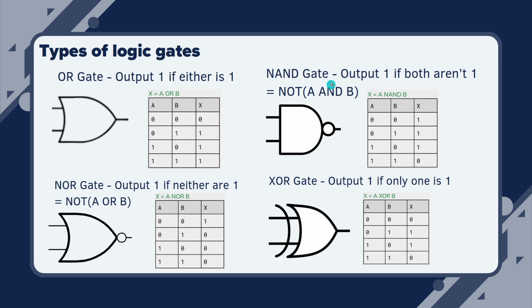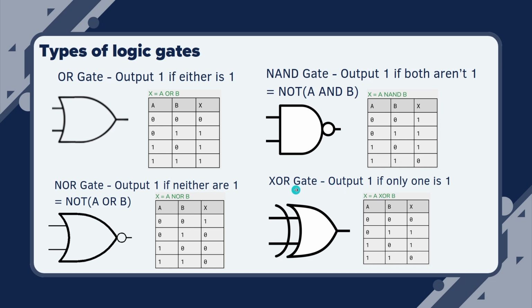The NAND gate, if both aren't 1, it will be 1, which is essentially just not of A and B, which basically means everything but when A and B are 1, it will be 0.